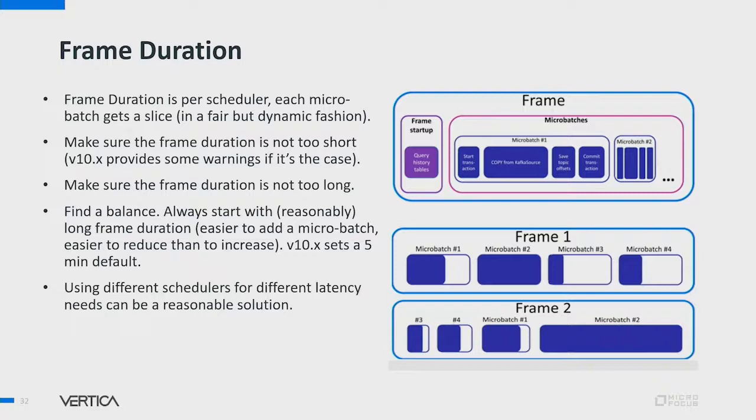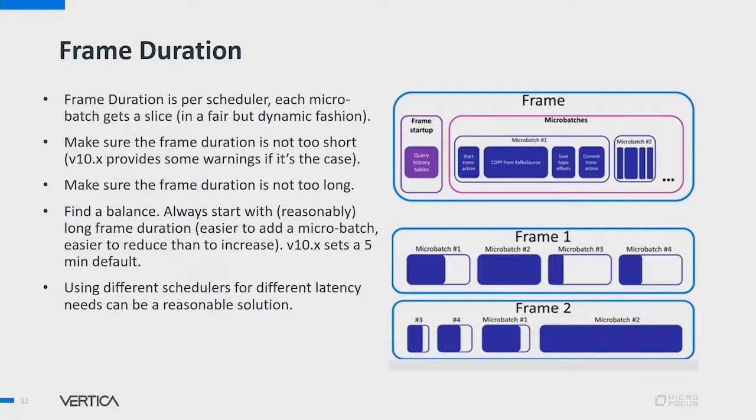If you look at this figure, it shows us what a scheduler does in a given frame. The first figure shows that for a given frame, we do some sort of startup routines. Then the rest of the time is dedicated to executing the microbatches.